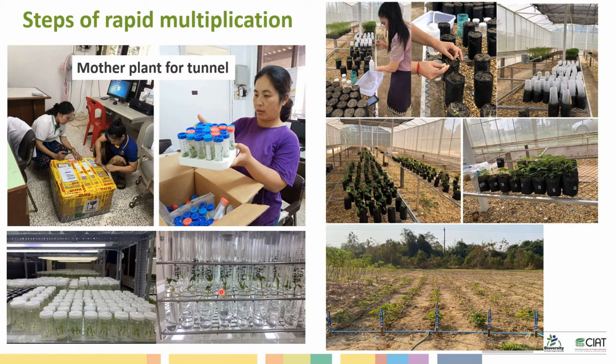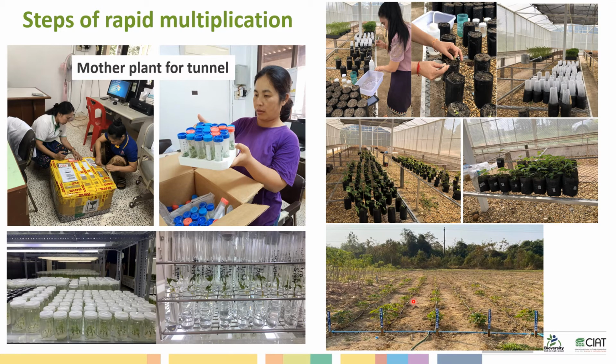Once the roots are formed, they go to the hardening process and are transferred to a soil medium, and then they grow for 6 weeks or so, and then are transplanted into the field.